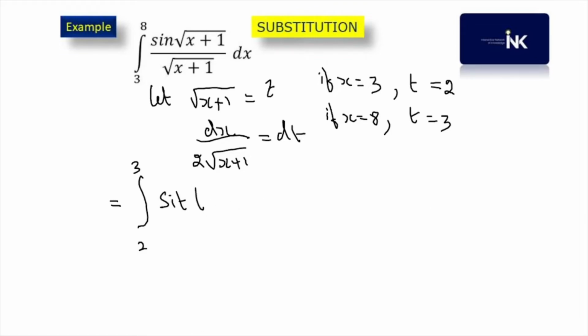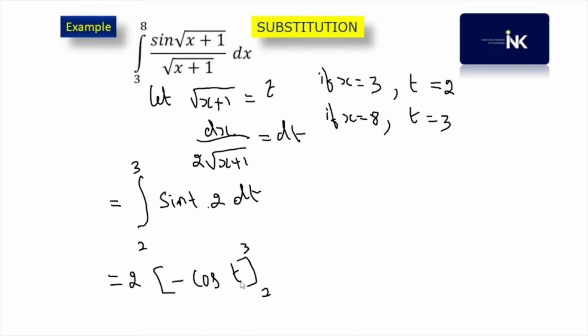sine t dt, times 2. So 2 is a constant, we can take it out. The integral of sine is minus cos. So minus cos t from 2 to 3.